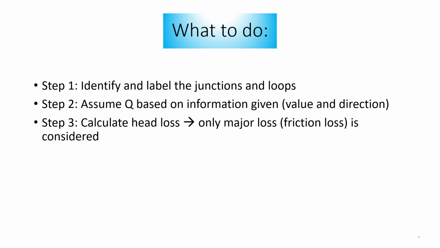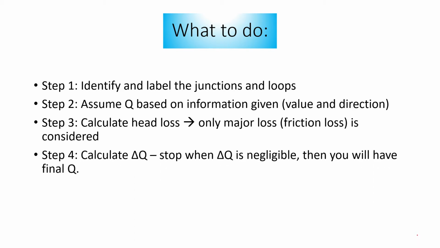For this head loss, only major loss is considered, which is from friction loss. In step 4, you calculate delta Q. You stop the iteration when delta Q is negligible. Then you will have the final Q. So only 4 steps in the Hardy-Cross method.